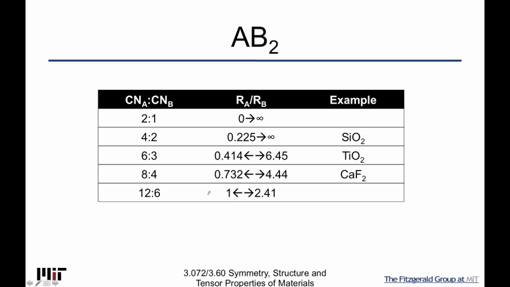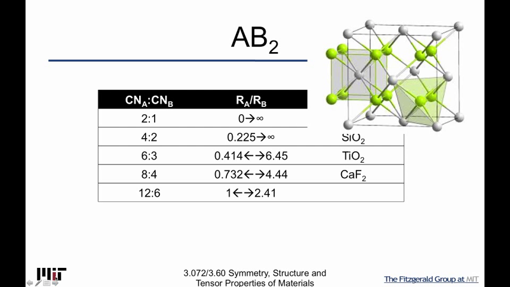Actually, something that opens you up to much higher coordination is not having A and B be the same composition. If I shift composition now, I can actually have a chance even at 12 to 6. But of course, that's because I'm reducing the coordination on one of the atoms. I'm not having 12-12 here, it's 12-6. An example of a compound here is calcium fluoride, where I am able to have one atom be bonded to 8.